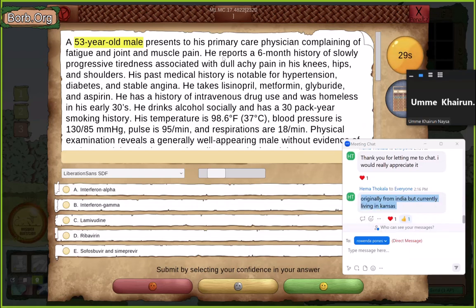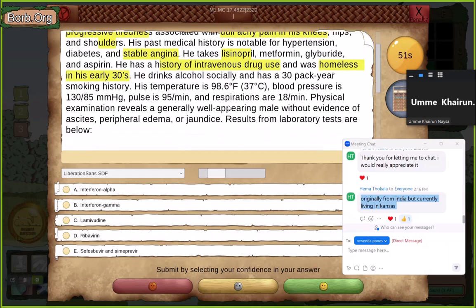His past medical history is notable for hypertension, diabetes, and stable angina. He takes lisinopril, metformin, glyburide, and aspirin. He has a history of intravenous drug use and was homeless in his early 30s. He drinks alcohol socially and has a 30 pack-year smoking history.